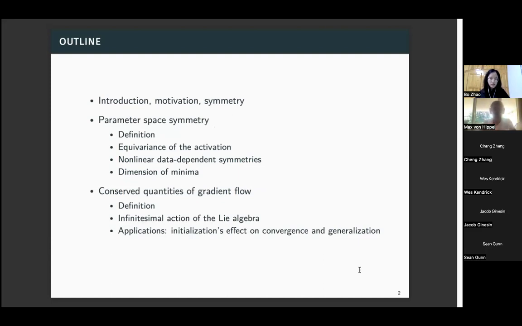And the final thing in that part would be, we'll derive the dimension of the orbits of this symmetry, which is a lower bound of the dimension of the minimum. And for the second part, I'll talk about a concept called conserved quantities in the gradient flow. We'll show that it's often associated with symmetries or infinitesimal symmetries. And finally, I'll talk about some applications of conserved quantities and parameter space symmetries.